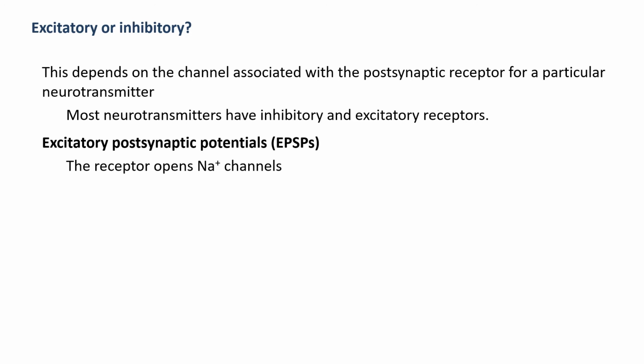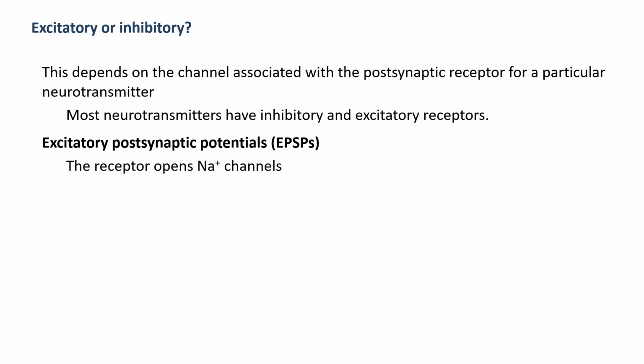Now, excitatory postsynaptic potentials are going to sound very familiar because it's more or less what happened in our neuromuscular junction. But, as I said, stick that to the back of your head because we've then got to talk about inhibitory as well.